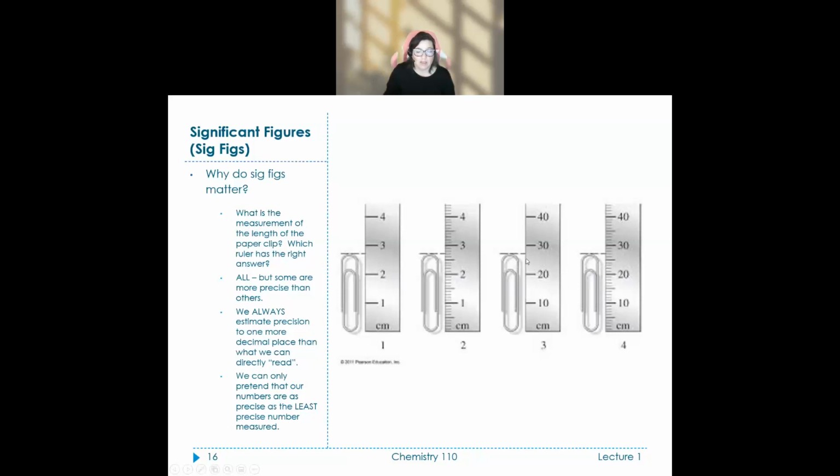And again, I would guesstimate 27 because it's closer to 25 than it is to 30. So I would say 27. If we look at it on ruler 4, I know it's more than 20. I know it's less than 30. I know it's more than 25. I know it's less than 30. If I look, it's 27, slightly above that. Similar situation to what we were talking about before. So I could guesstimate that as 27.2. That's what we're talking about.